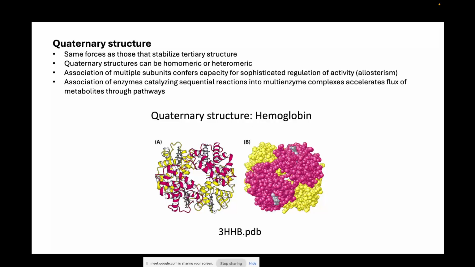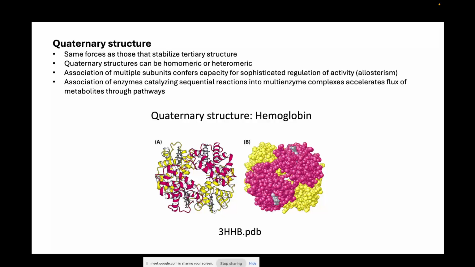This association of multiple subunits confers capacity for sophisticated regulation of activity, which is allosterism. I don't know if you're familiar with allosterism or not. If there is an active site and there is another site inside the enzyme, and another molecule comes and binds to that site, it changes the conformation of the protein itself and opens up the active site.